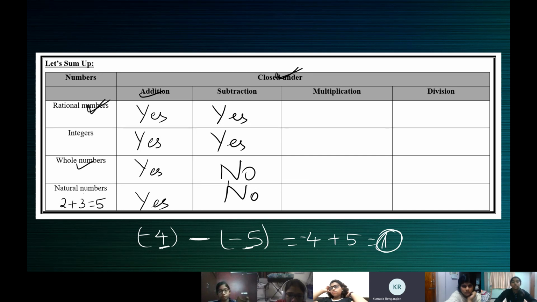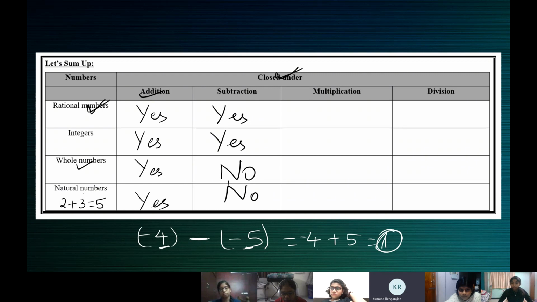Bhavishya, what do you understand by rational numbers are closed under multiplication? How do you explain that? Ma'am, we can take any two rational numbers, like a and b, and a into b. Take two rational numbers.